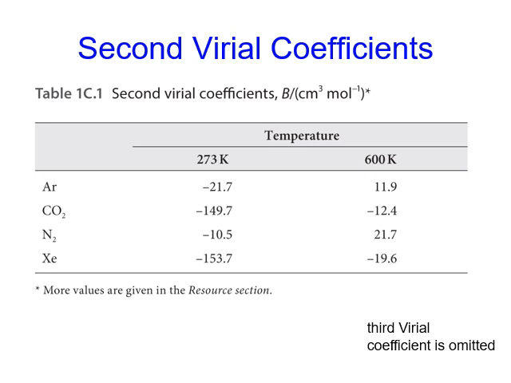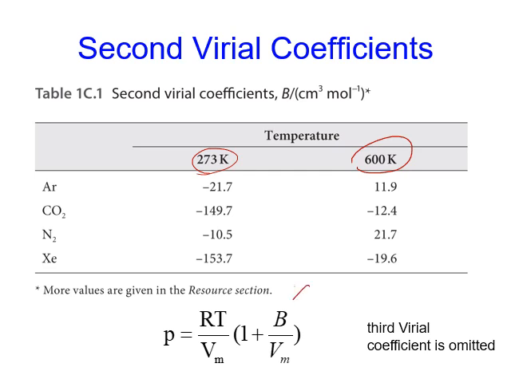This table shows a list of second virial coefficients for different gases, and note that the coefficient changes when temperature changes. If we only include the second virial coefficient, the equation of state becomes this. If we plug in B, we can use this equation to calculate pressure or volume or temperature.